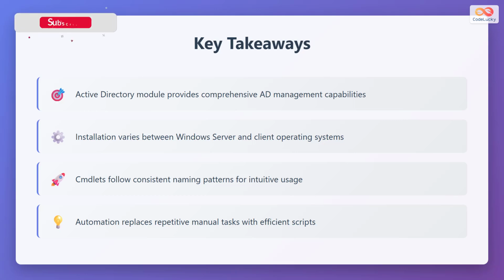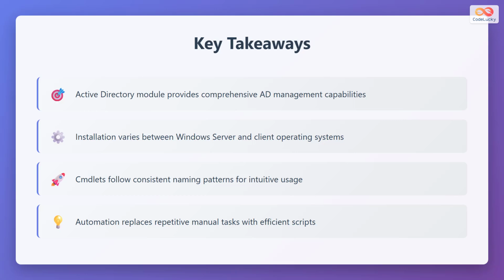Let's review the key points from this introduction. First, the Active Directory module provides comprehensive Active Directory management capabilities through PowerShell, giving you full control over your directory environment. Second, installation varies between Windows Server and client operating systems, so make sure you use the correct command for your platform.